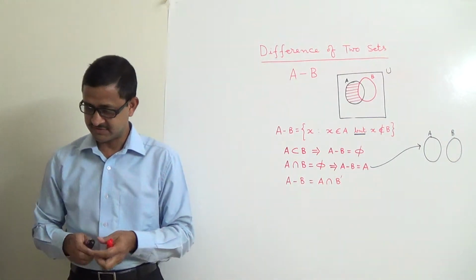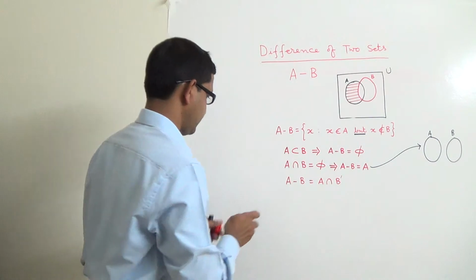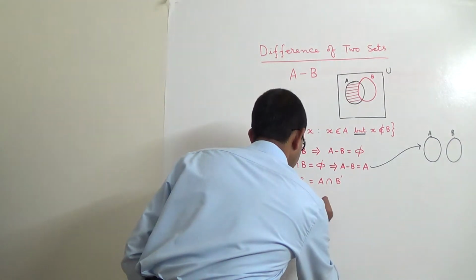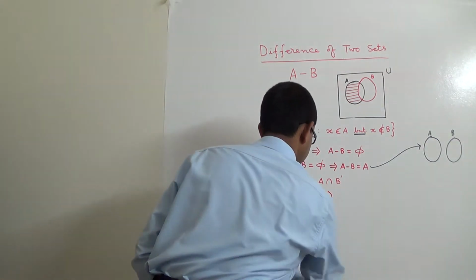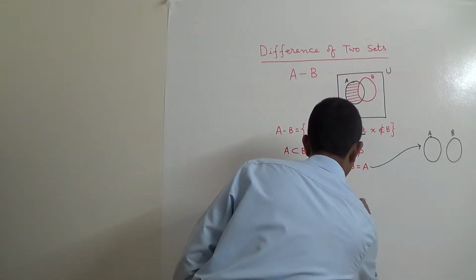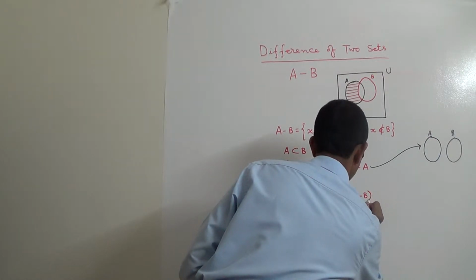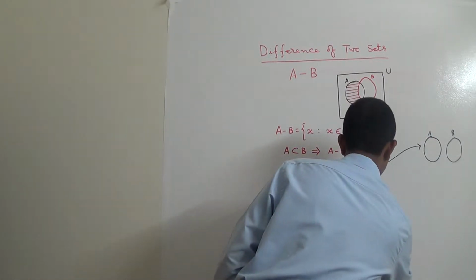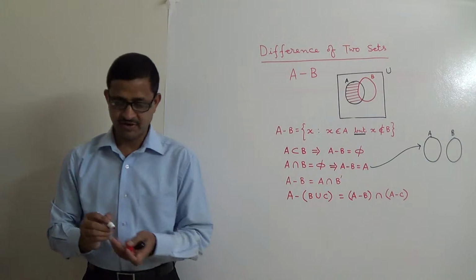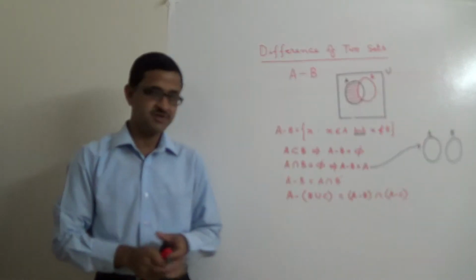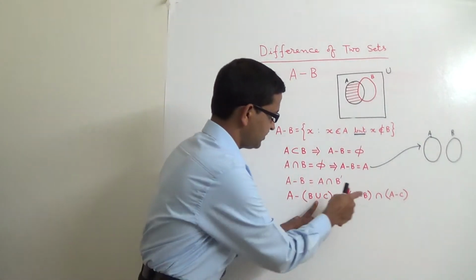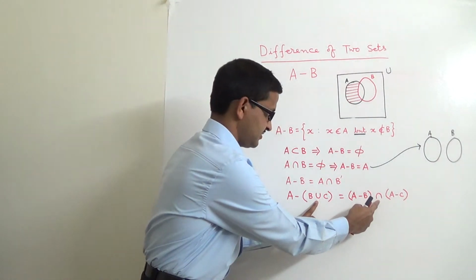Now the next one is a very important property. A minus B union C is equal to A minus B intersection A minus C. That means this union is actually becoming an intersection.